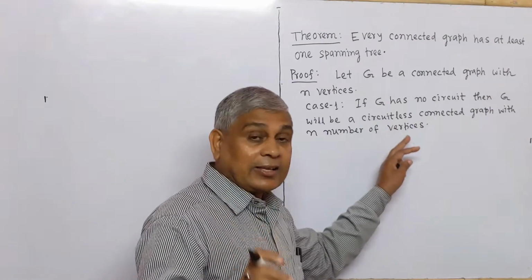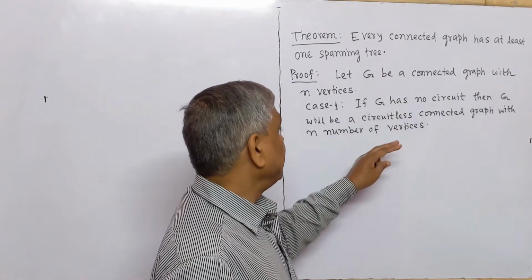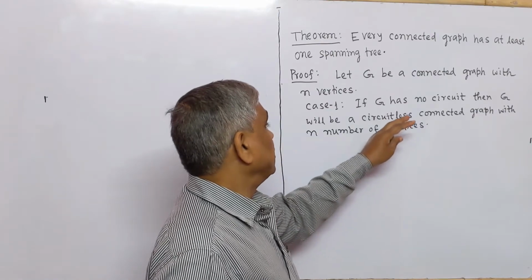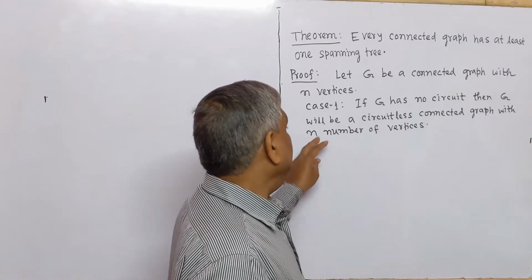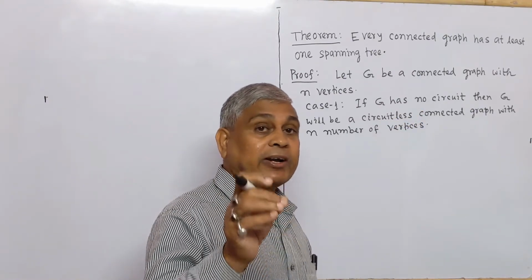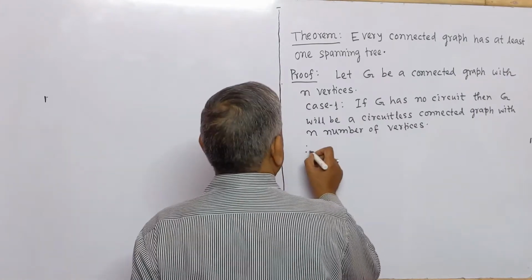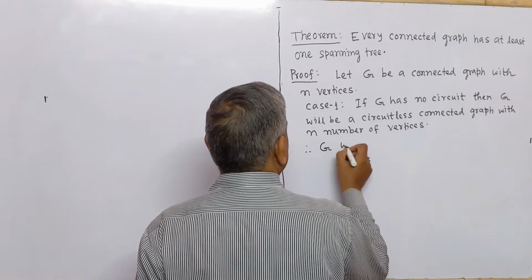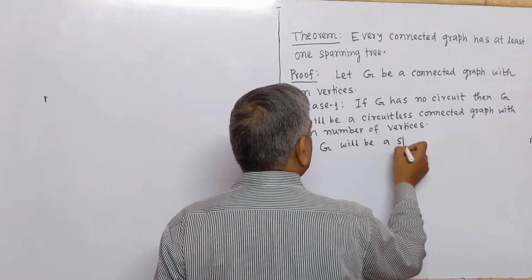Since circuitless connected graph is a tree, and also this tree will contain n number of vertices, that is same number of vertices of graph G. Therefore, G will be a spanning tree.